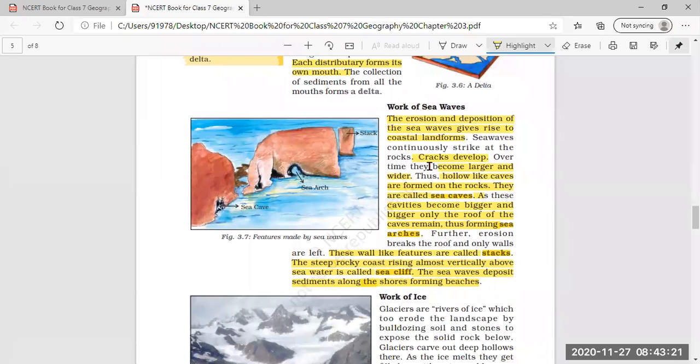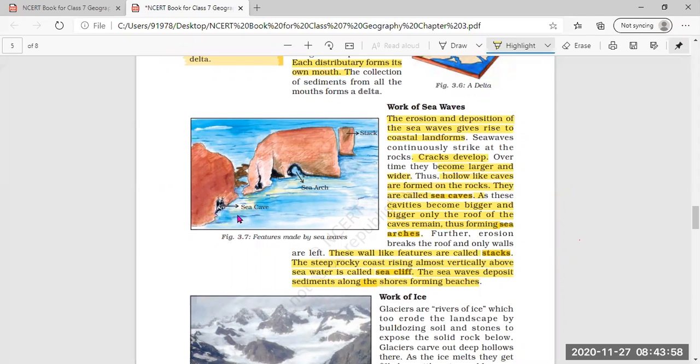Next, the work of the sea waves. The erosion and deposition of sea waves give rise to coastal landforms. You can underline this. Sea waves continuously strike at the rocks, and when they continuously strike the rocks, cracks develop.